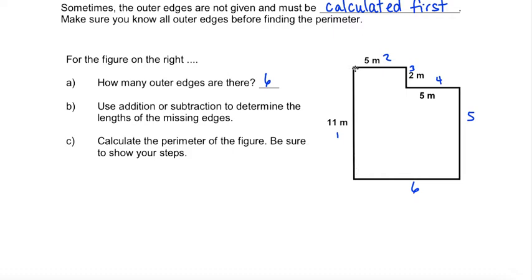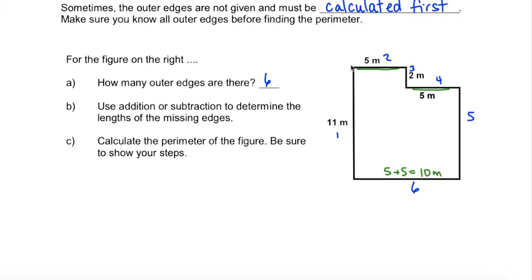We have it for 1, 2, 3, 4, but we don't have it for 5 or 6. So we're going to calculate side 6 first. We know that this top edge here is 5, and this top edge here is 5, and those make up the entire width of that rectangle. So this is going to be 5 plus 5, which is 10 meters.